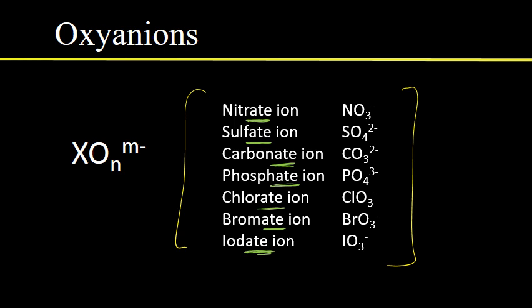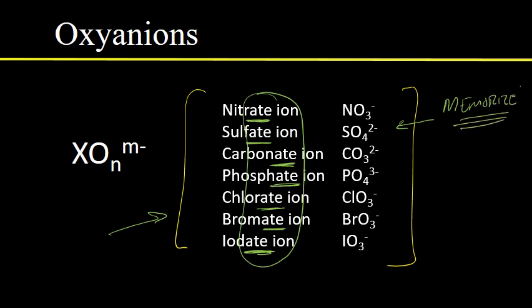And all of those names are fairly systematic and are based on all of these that end with -ate. So if you've got to memorize, what are these, about 7 or 8 of them? You definitely have to memorize this group. And again, flashcards is the way to go.